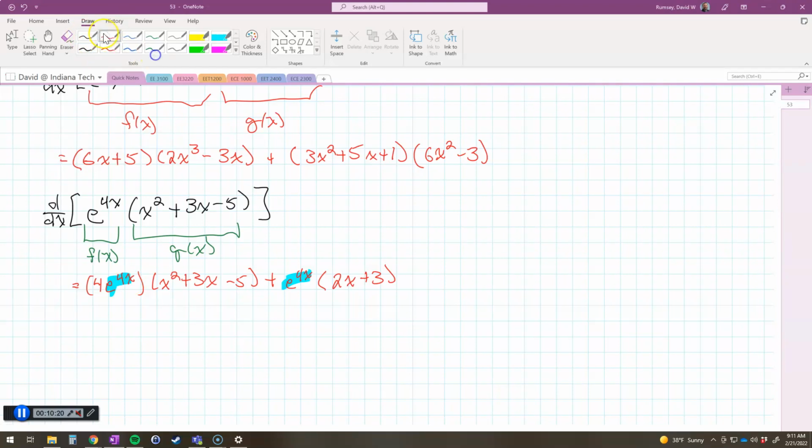And so I could rewrite this as e to the 4x times 4 parenthesis x squared plus 3x minus 5 plus quantity 2x plus 3, which then we could simplify this further.